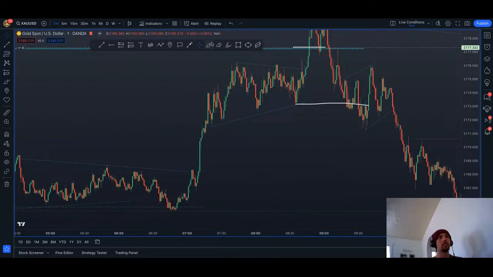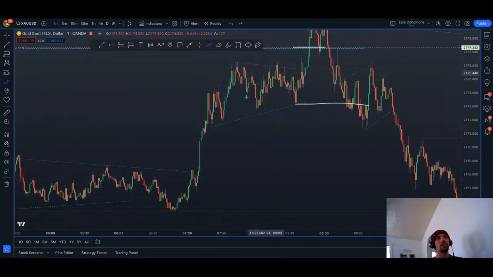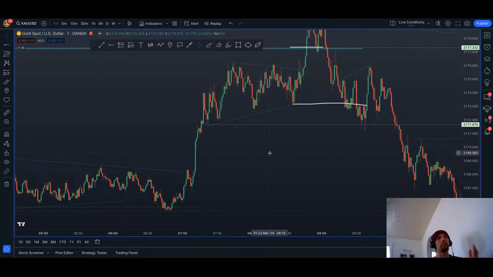Price pushed up, came down, pushed up, came down, pushed up, boom. Broke new highs here. That was our old high, made a new high in this area. But price never came back down and collected these lows. So crazy. So now, since this low never got taken out, that becomes our new take profit.